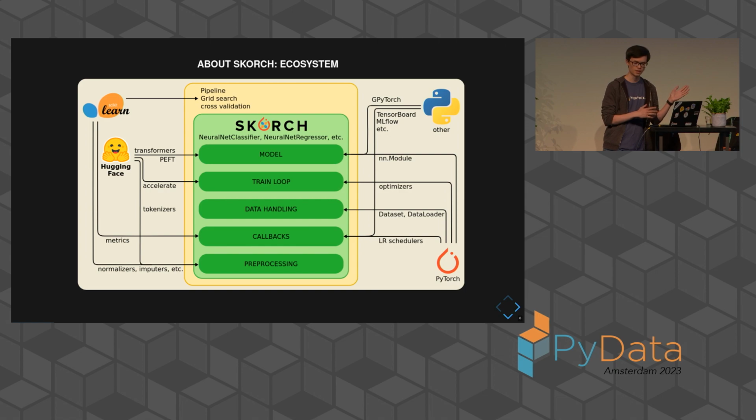If you have a KNN classifier or a linear regressor, you can just swap it out, basically. It should work. And then we have different components inside of Skorch, which connect to the bigger ecosystem like Hugging Face, PyTorch, and other libraries outside. And today we are going to focus on the Hugging Face side.